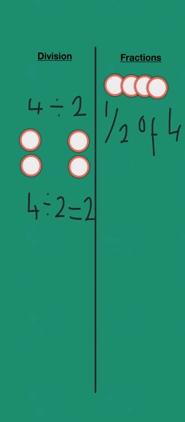So remember, our denominator tells us how many equal parts we're splitting the whole group into. I've got 4, so this is my whole. I need to split it into 2 equal parts.